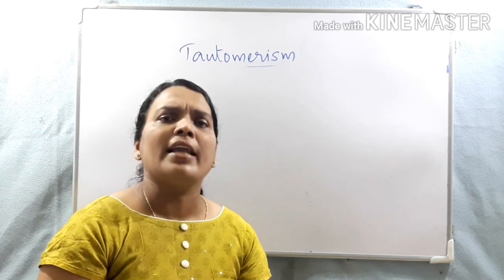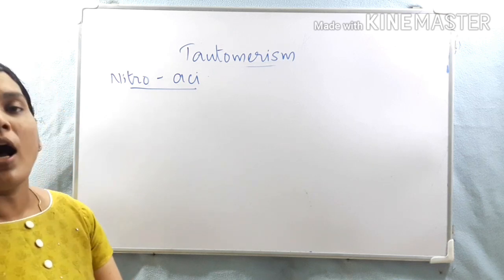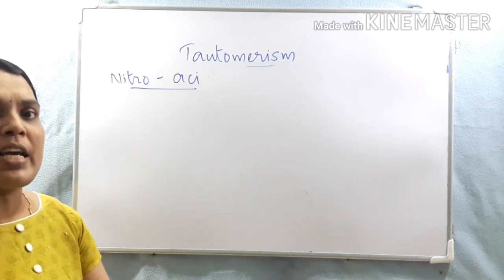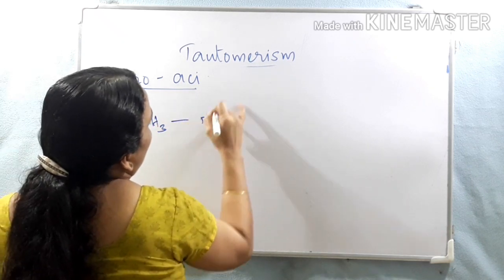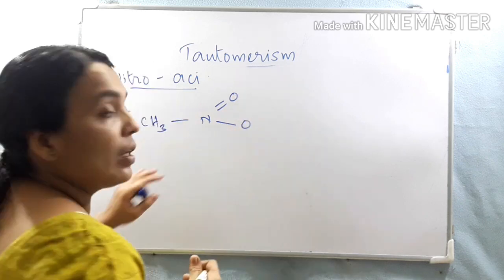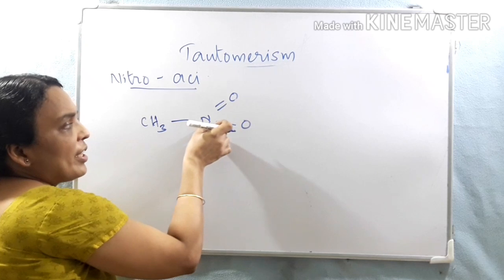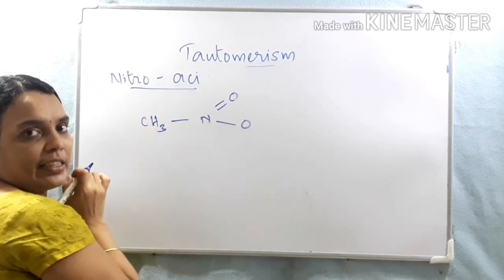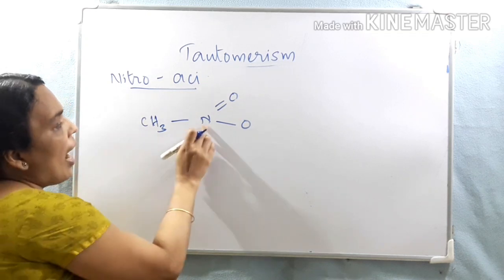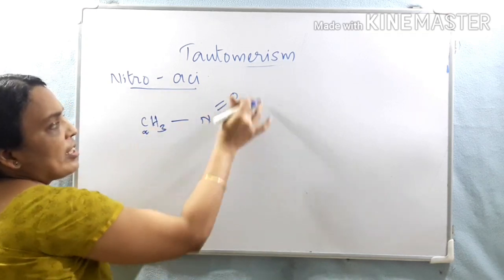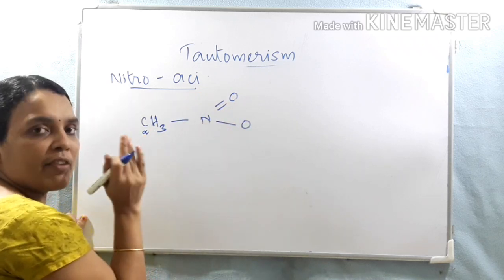Let us just analyze other types of tautomerism. Let us see nitro-acid tautomerism. Nitro group is the NO2 group, CH3 N double bond O. This is a nitro group. Here the electronegative atom is directly attached to this nitrogen atom, and this functional group participates in tautomerism. This is alpha carbon, and here one hydrogen is present, that is alpha hydrogen.